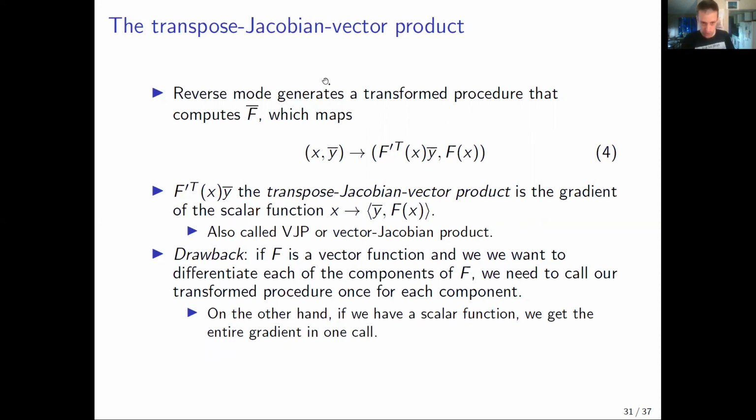So we start with some original function f, and then reverse mode gives us f bar, which is transformed because it takes as input x, but also y bar. And then what is the output? Well, the output is f of x like originally, but also f prime transpose, that is the Jacobian transpose times y bar.